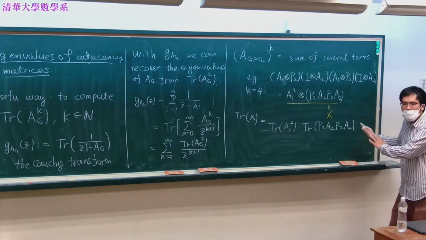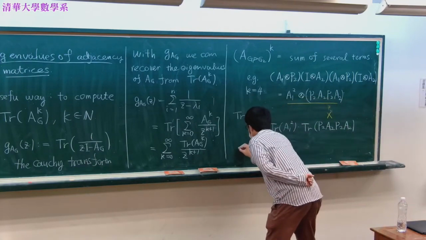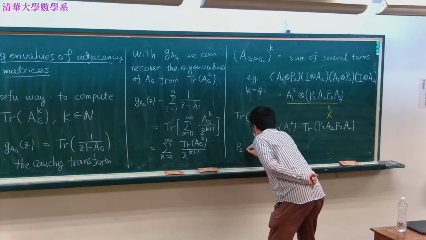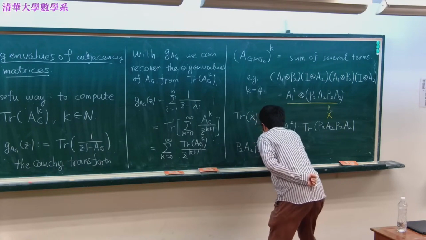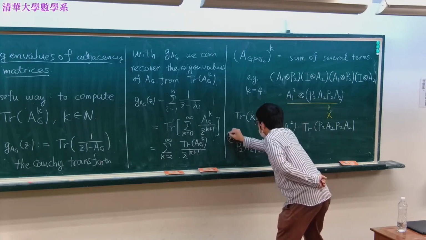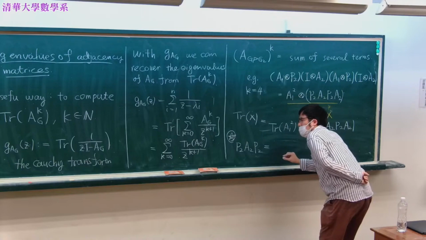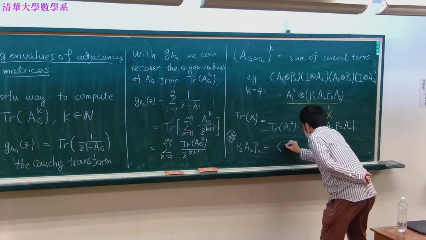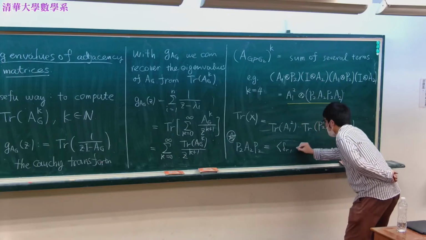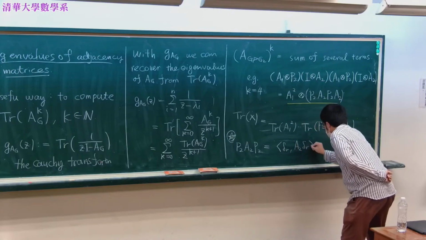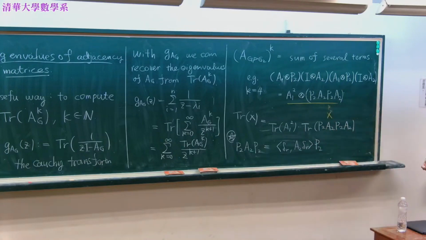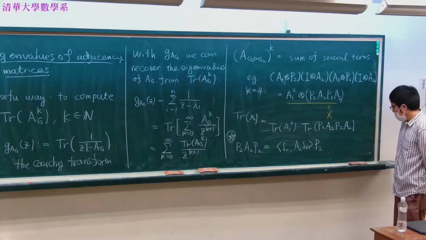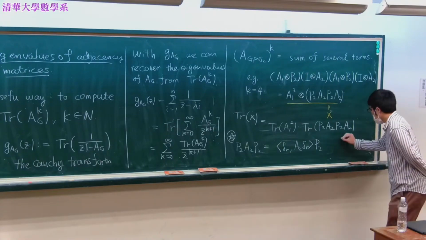Actually, this can be simplified more because we have such an identity: P2, A2, P2 is actually equal to the inner product of delta root and A2 delta root times P2.